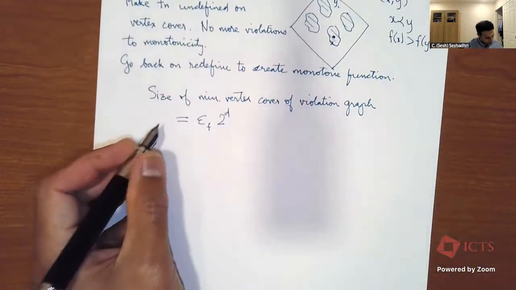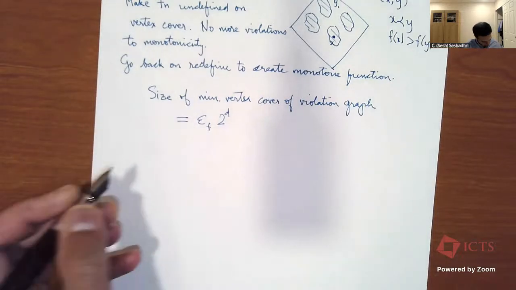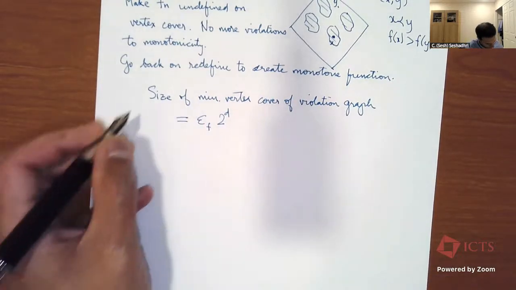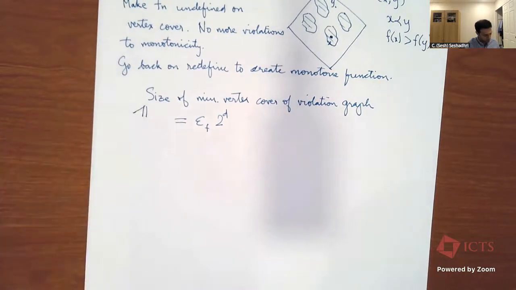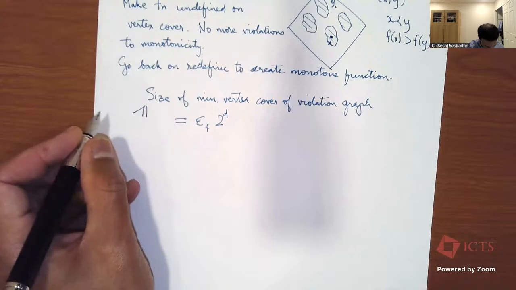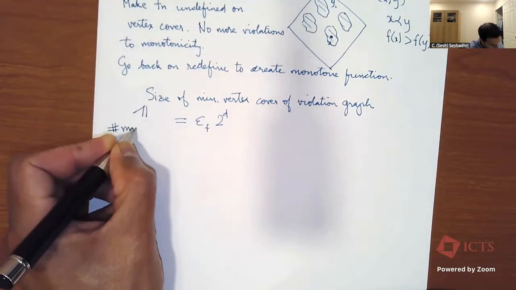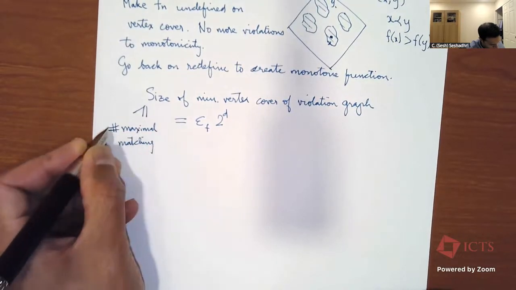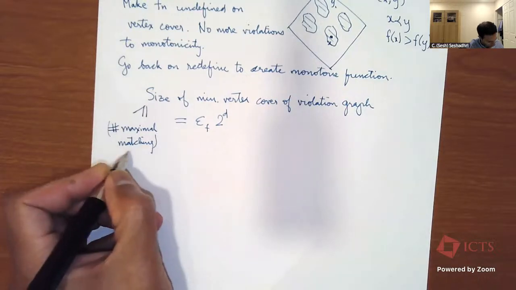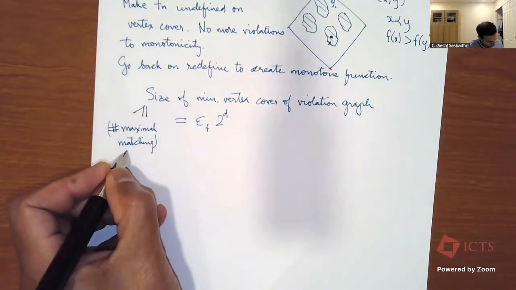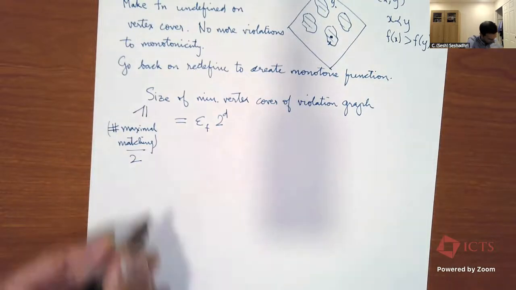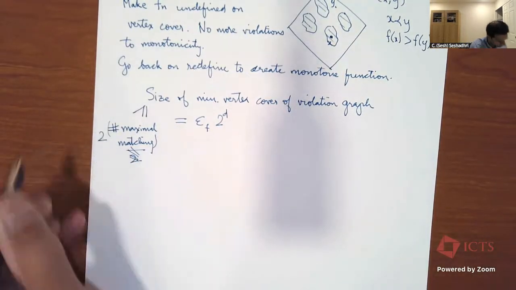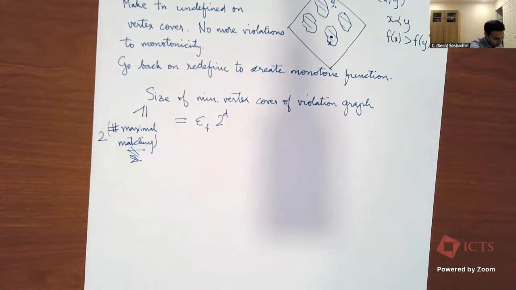Now, for the min vertex cover, we know that this is at most 2 times the size of a maximal matching, because if you take any maximal matching and take both endpoints, then that is a vertex cover.